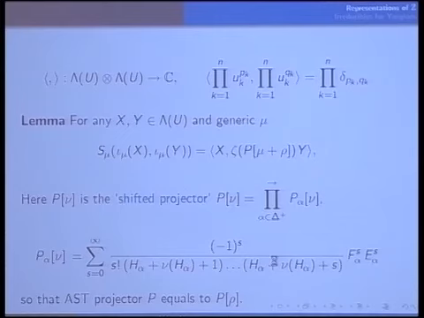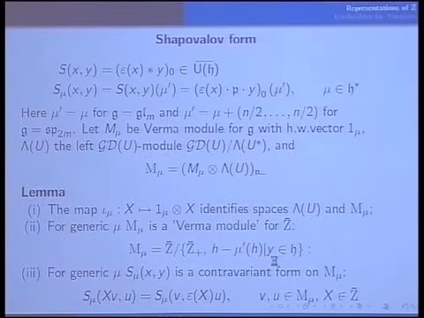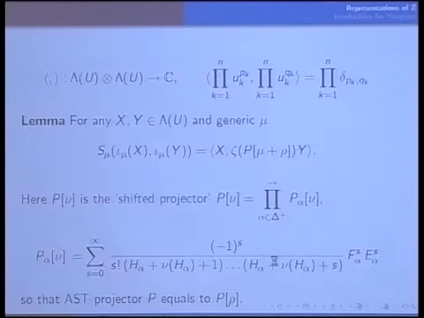We take two elements of the exterior algebra, take the natural embedding written here to the space of coinvariants, and then the Shapovalov form of these two elements can be written as the scalar product of x and y, where we act on y by the image of the projector, the extremal projector of Asherova-Smirnov-Tolstoy, only shifted by the weight. So this is a precise description of the Shapovalov form.